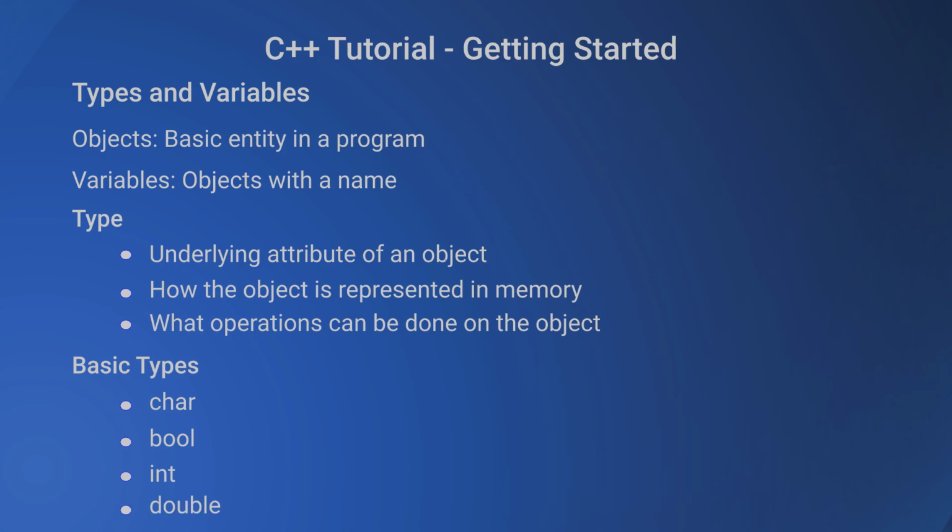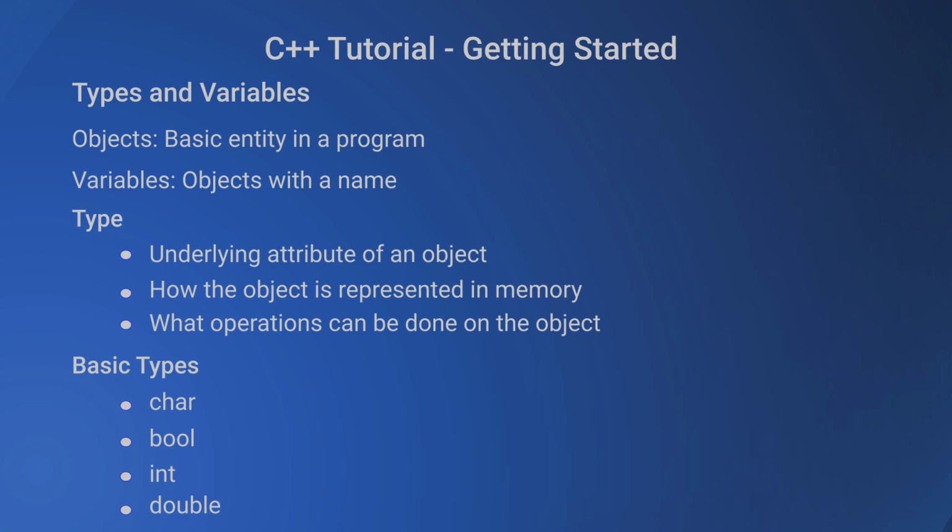The char type is the most basic type in a computer. An object of char type stores a character. Bool is for Boolean type and it can store either a false or a true value. Int type objects store integers and double objects store double precision floating point numbers.